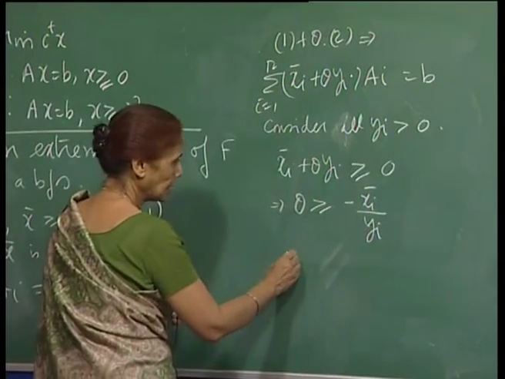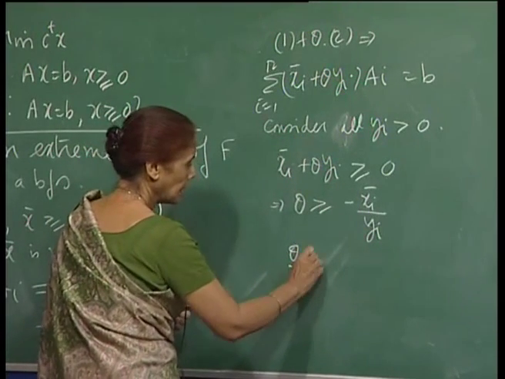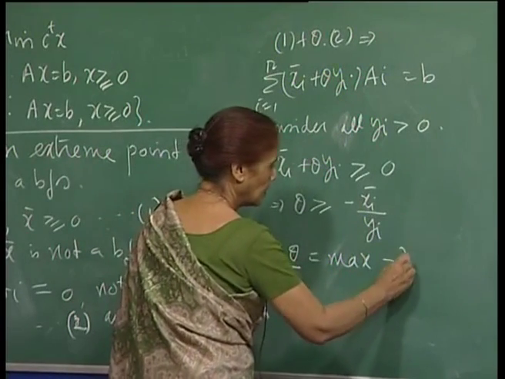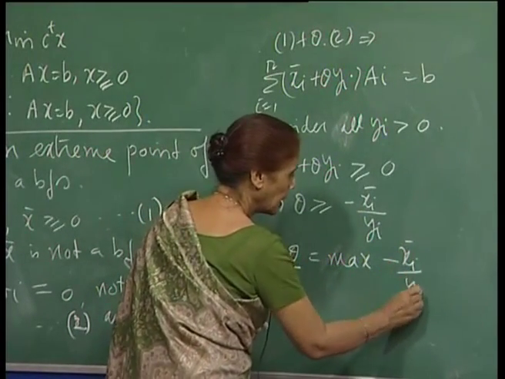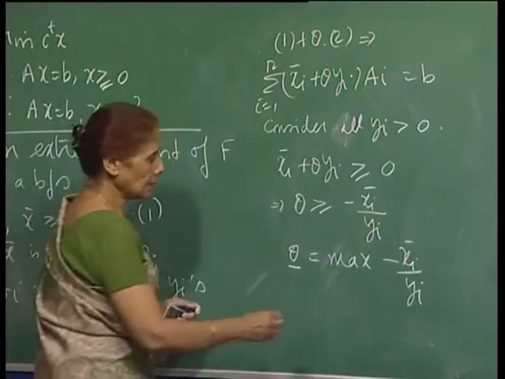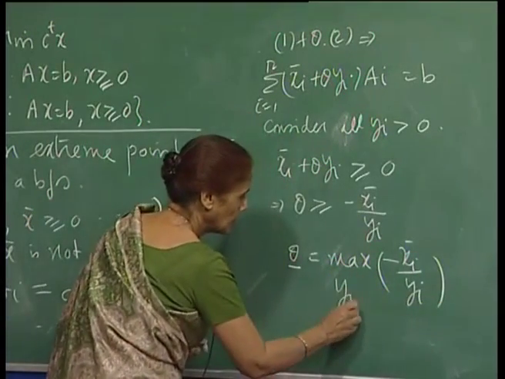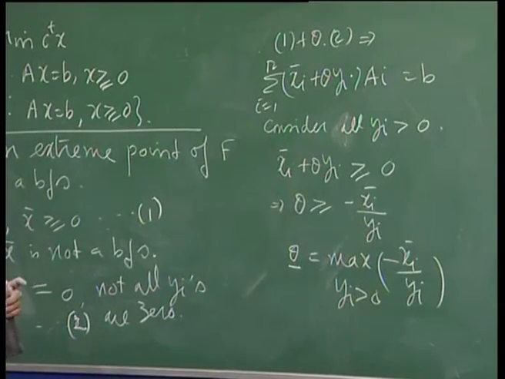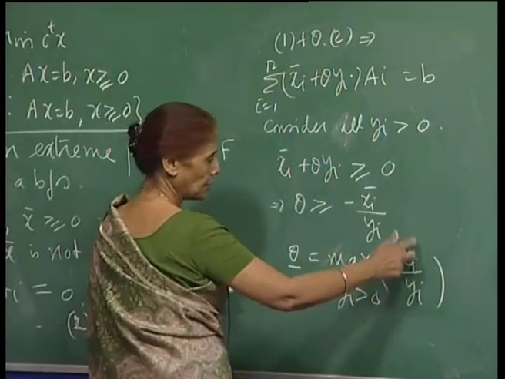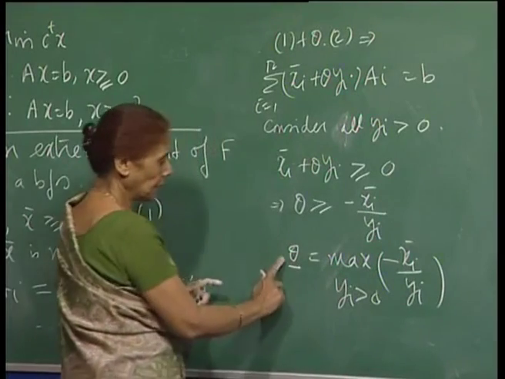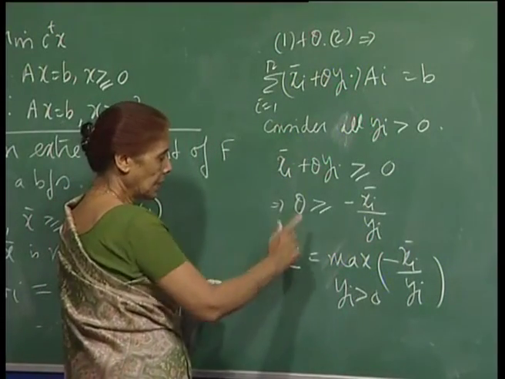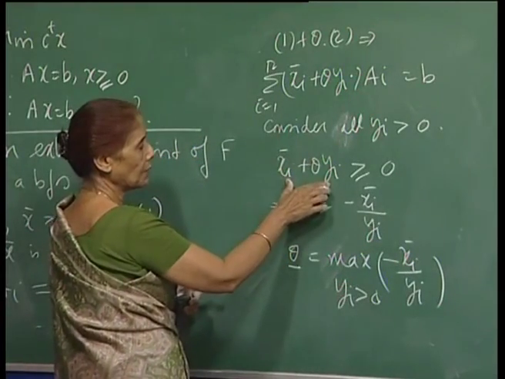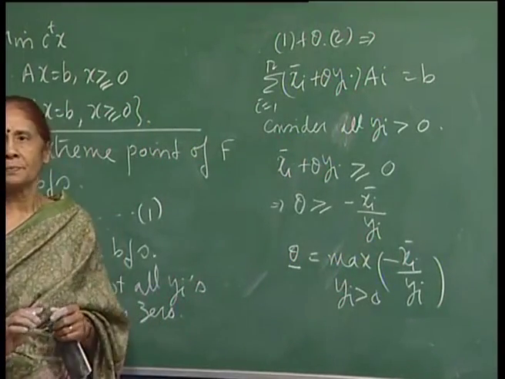So, let me take theta to be this thing as max of minus xi bar upon yi, yi greater than 0. So, among all yi's which are positive, I am taking the corresponding ratio here, and then choosing the maximum. So, if theta is bigger than this theta bar, then the corresponding numbers here will all remain non-negative.